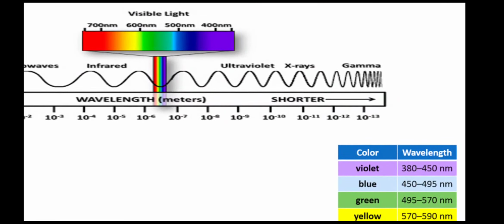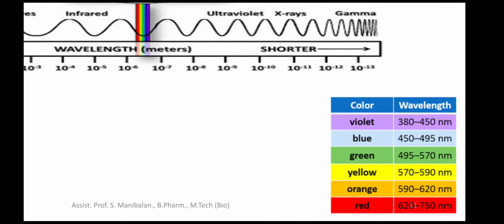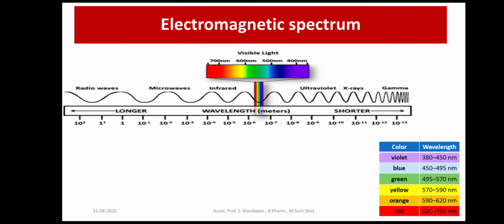For the colors of visible wavelength, violet absorbs at 380 to 450 and blue at 450 to 495. You can find this in the slide. Usually UV radiation is in between 200 to 400 nanometers. Visible is in between 400 to 800 nanometers.